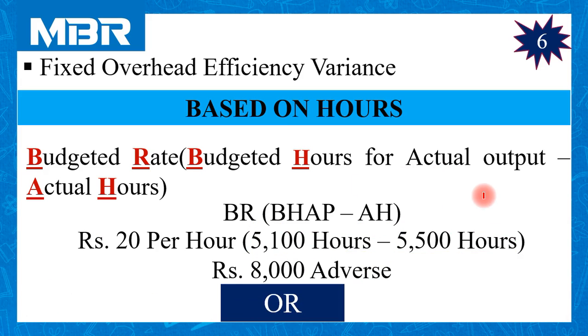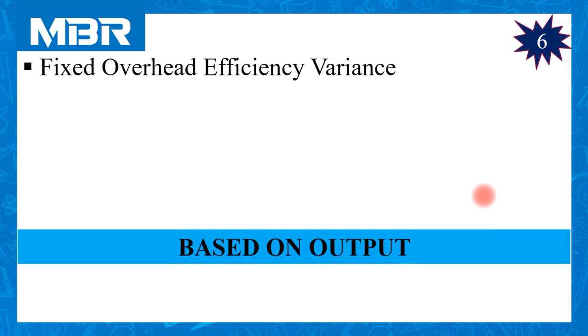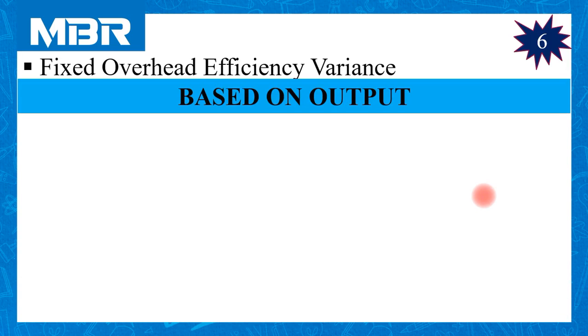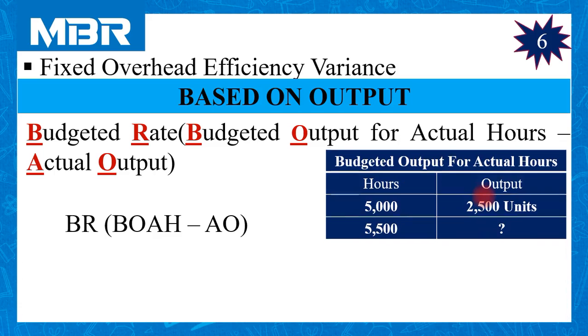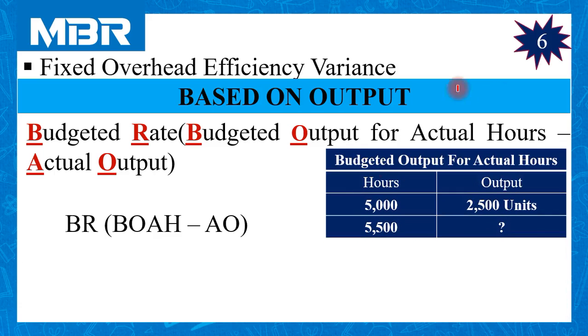Second way of calculation, fixed overhead efficiency variance. It is based on output: budgeted rate into bracket budgeted output for actual hours minus actual output. Let us calculate budgeted output for actual hours first.